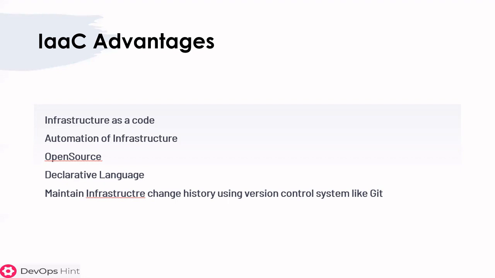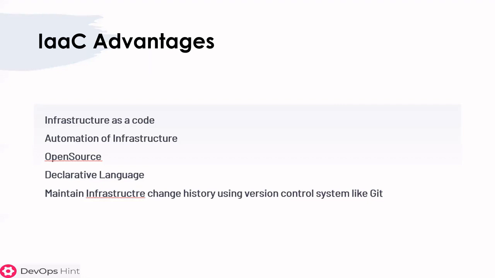Let me explain: Terraform is a declarative language. We have two types of languages, one is imperative and another is declarative. What is an imperative language? Imperative means you have to mention how to do the process.